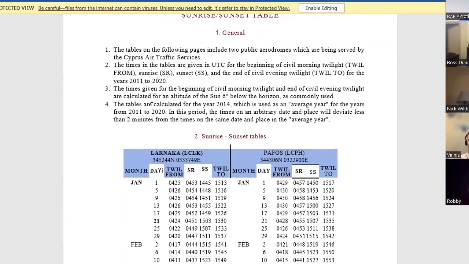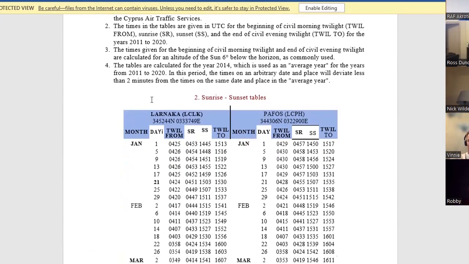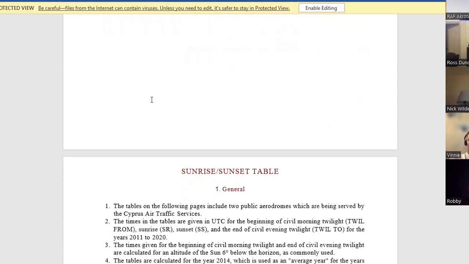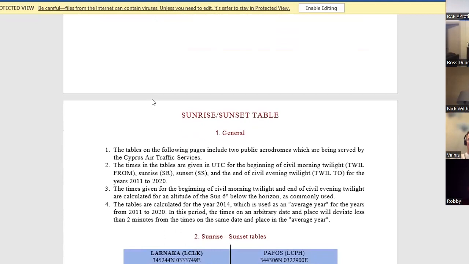And you'll notice that we get what's called this table that they publish, and you can go through this, and it says here the times in the table are given in UTC for the beginning of civil morning twilight to the end of civil evening twilight.